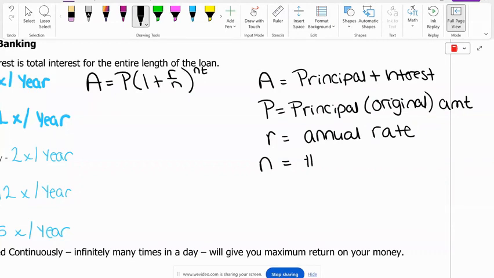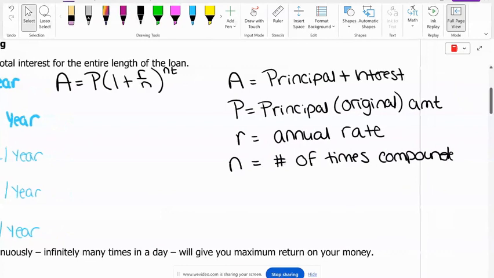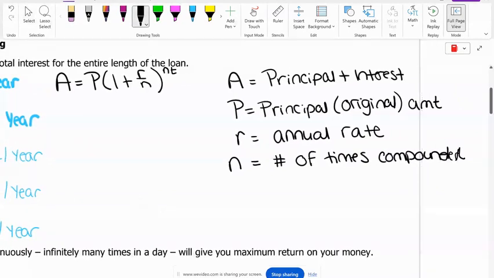N is the number of times it's compounded. And the T is time in years.